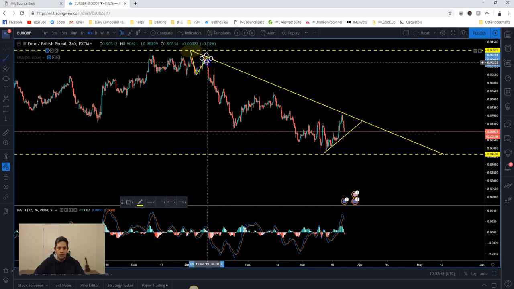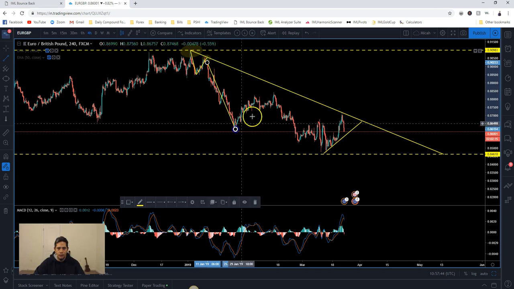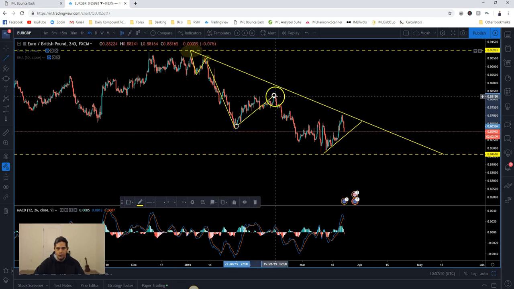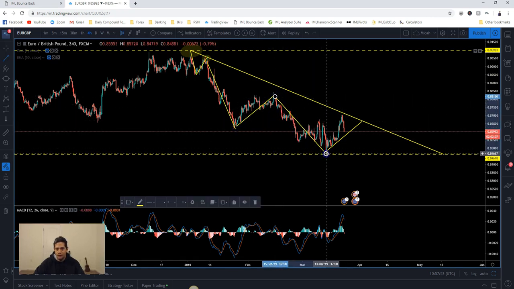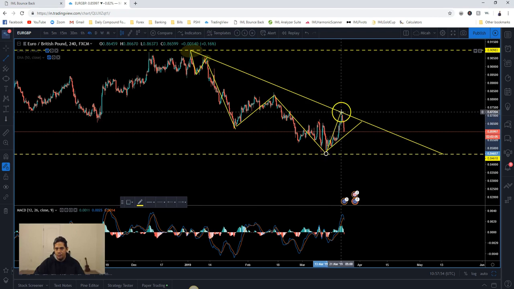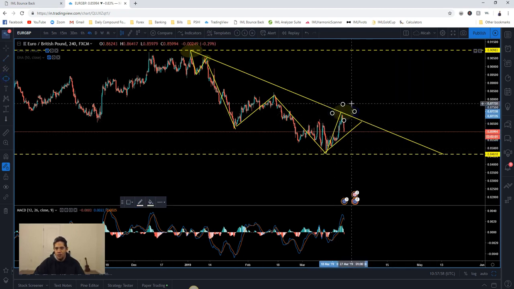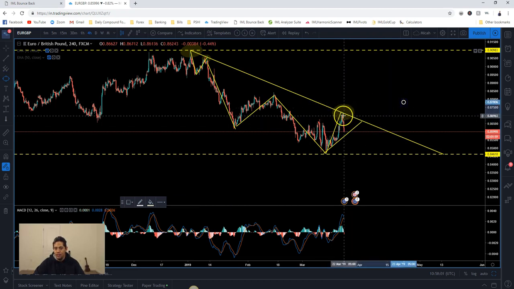The market came down again, came back up, dropped, came back up and touched again. And I drew this on the weekly time frame. So this touch is very important.